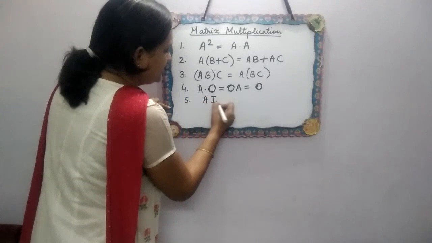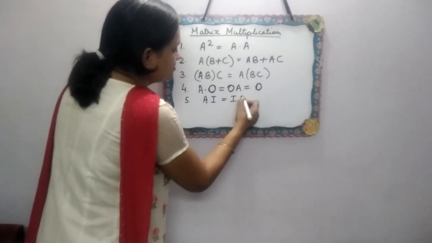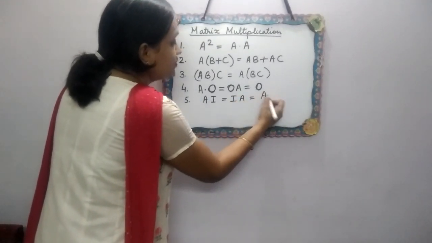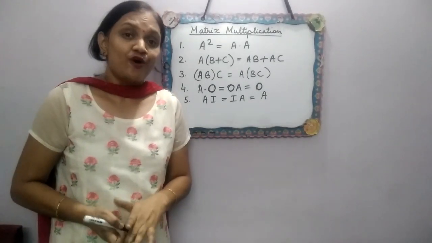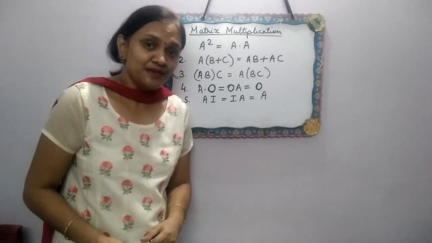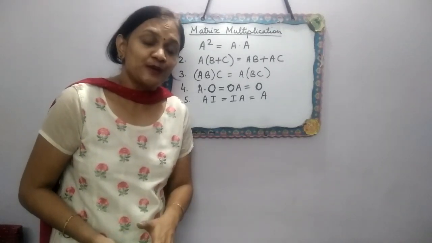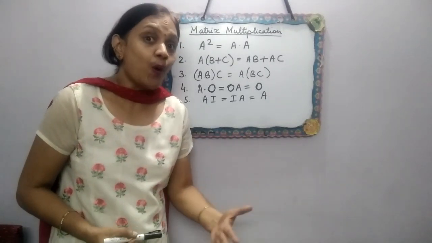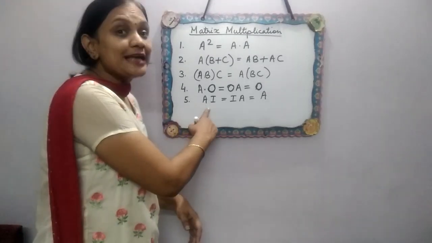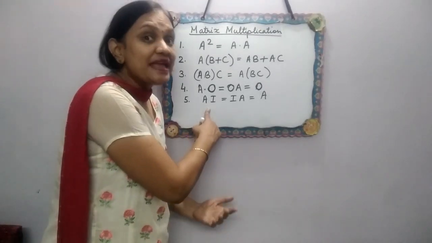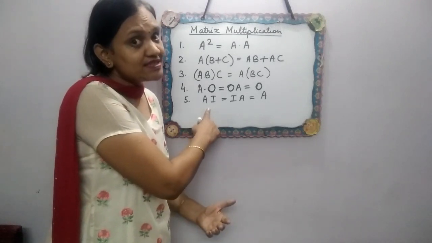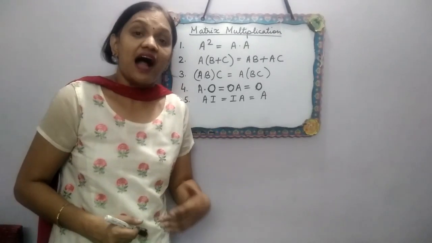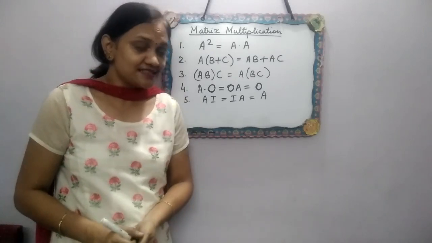A into I and I into A will give you A itself. What is the identity element for multiplication of real numbers? The identity element for multiplication of real numbers is 1. And what is the identity element, the identity matrix or unit matrix, for multiplication of matrices? It is capital I. We had discussed it in the last class.